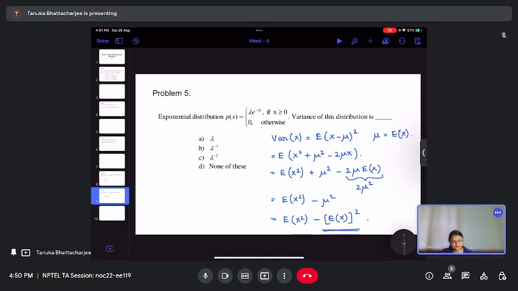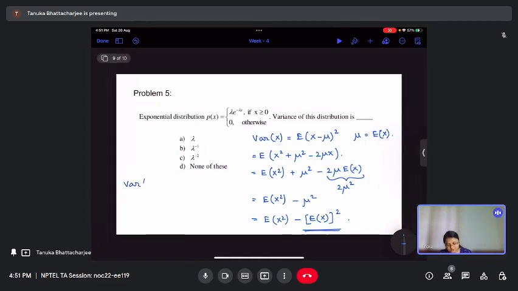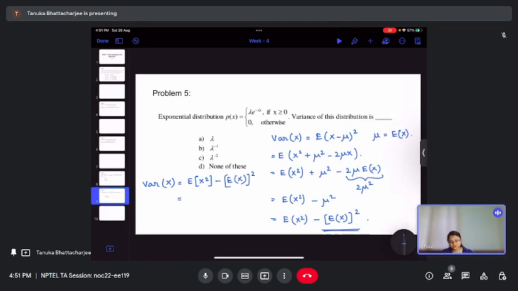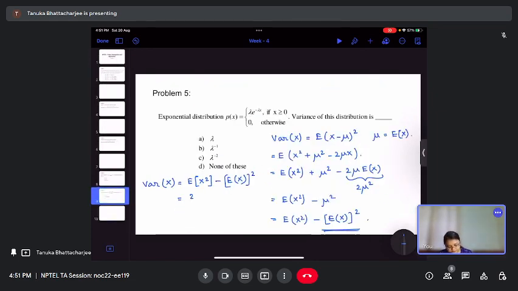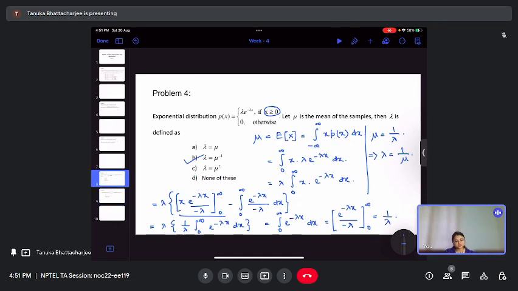So, if we put the obtained values in this expression, expectation of x square we got 2 by lambda square, minus, in the previous problem we got expectation of x as 1 by lambda.